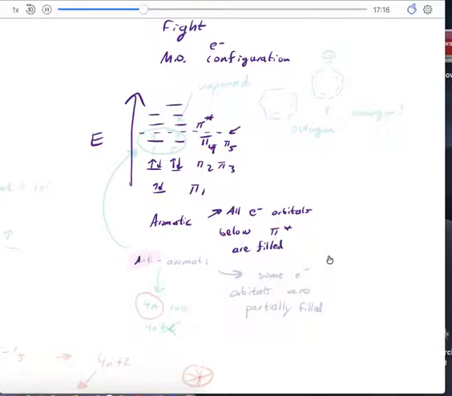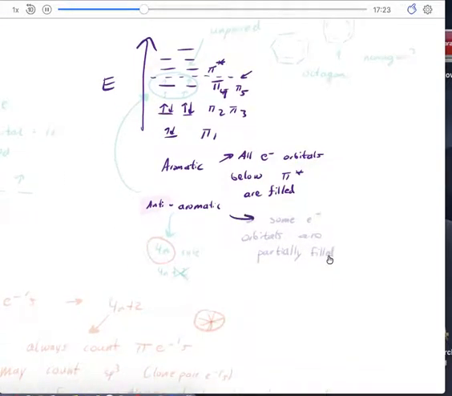With anti-aromatic, some electron orbitals are partially filled. And when we're talking about anti-aromatic, we're going back to the original 4 rules of what makes it aromatic in the first place. So we do need to still consider what those are.